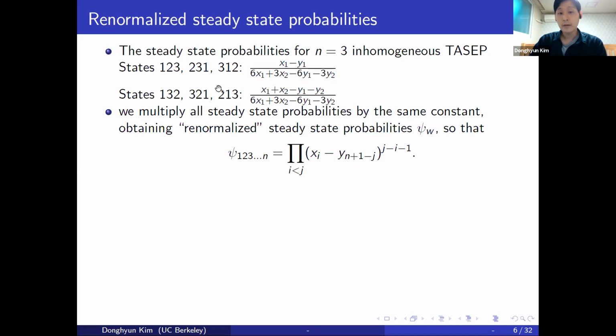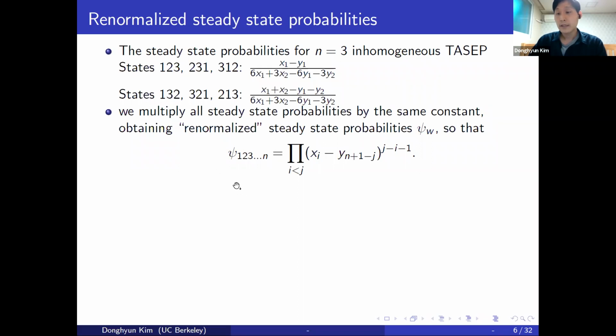And we'll multiply all steady state probabilities by the same constant so that the steady state probability for the identity permutation is this number. So for n equals 3, this is just x1 minus y1, which is here.